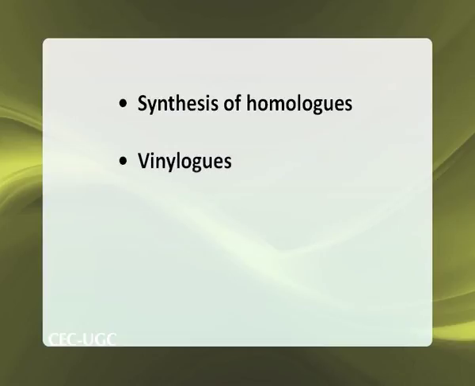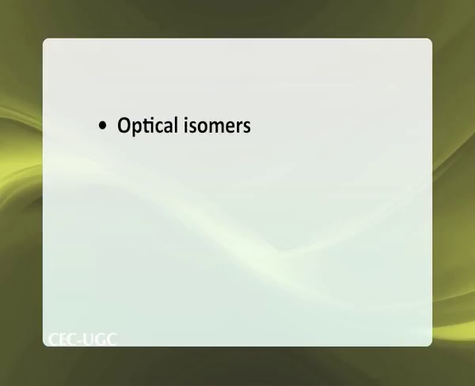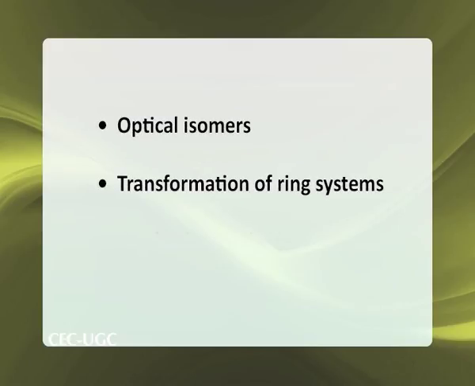The chemical design of analogues makes use of simple and traditional procedures of medicinal chemistry, such as the synthesis of homologues, analogues, isosteres, positional isomers, optical isomers, transformation of ringed systems, and synthesis of twin drugs.